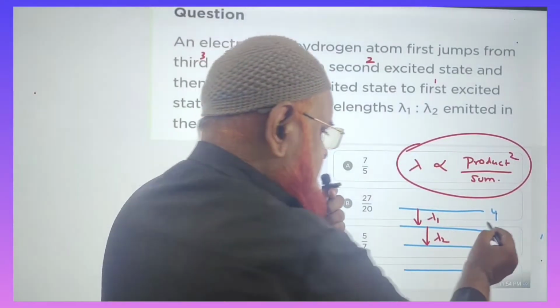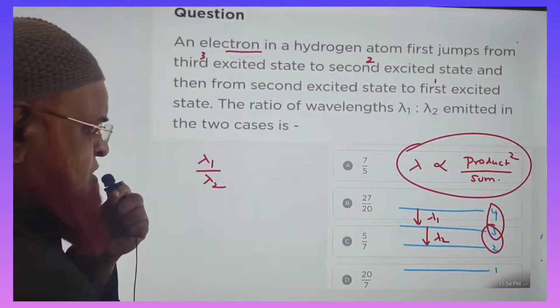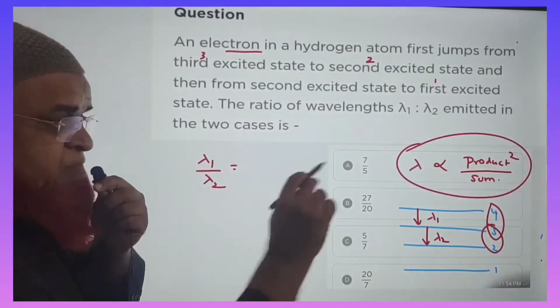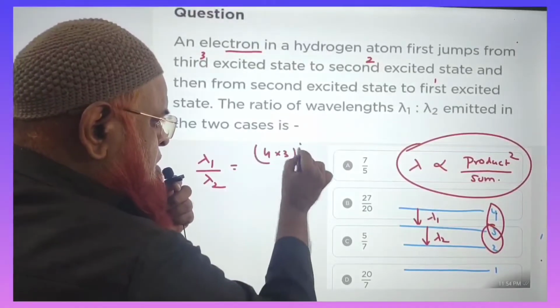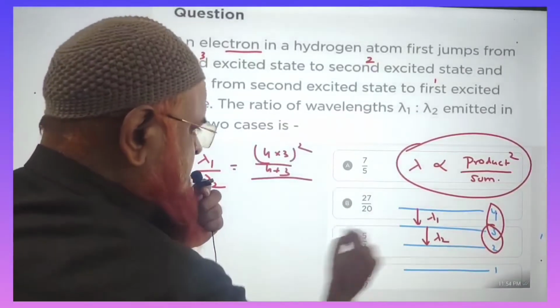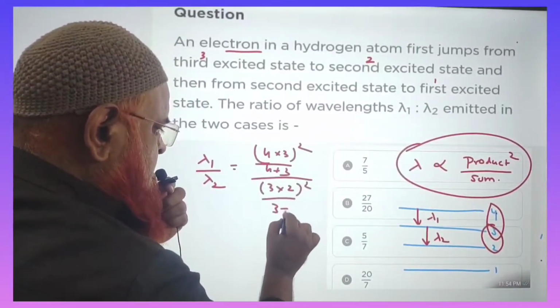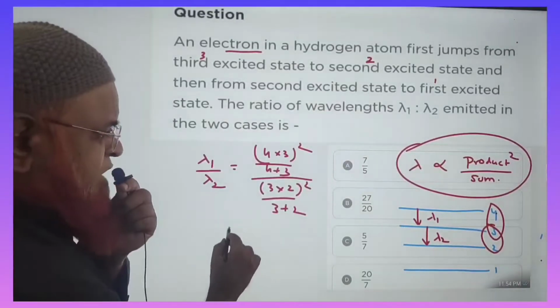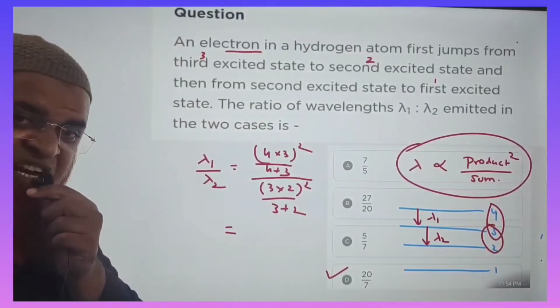For example, for lambda 1 it is 4 into 3, and for lambda 2 it is 3 into 2. So therefore lambda 1 by lambda 2 is product whole square, means 4 into 3 whole square by 4 plus 3, divided by 3 into 2 whole square by 3 plus 2. If you calculate this, directly you'll be getting 20 by 7. If you want, you can check it out.